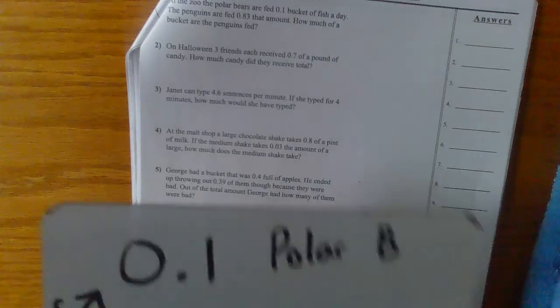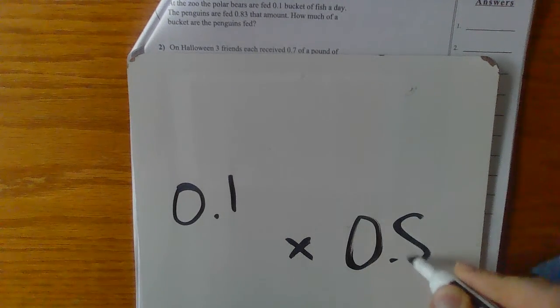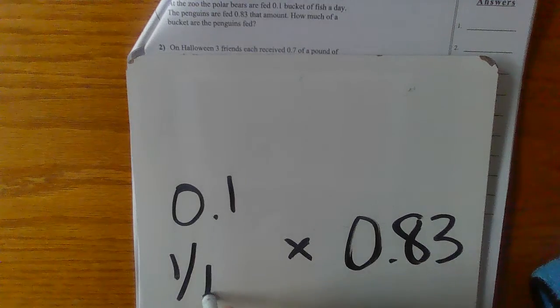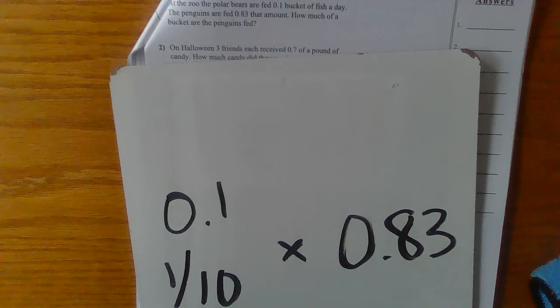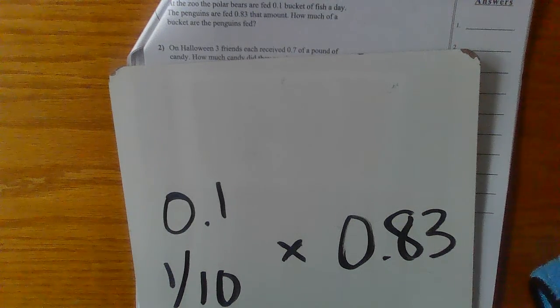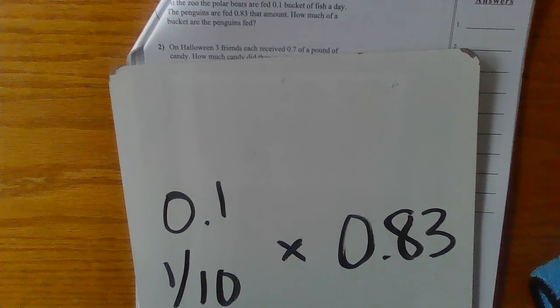I'm going to use another way real quick just to show you how that makes sense. When I'm saying "of," I know that's multiplying. And I know that 1/10 as a decimal is the same as 1/10 as a fraction, and that means I'm really dividing.